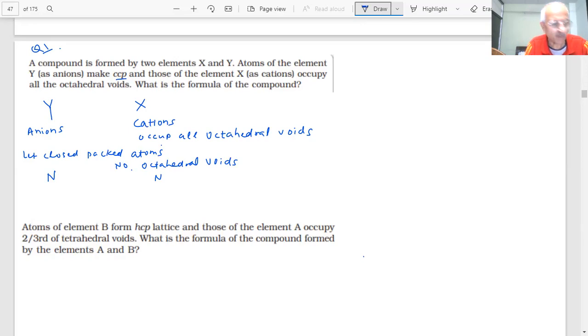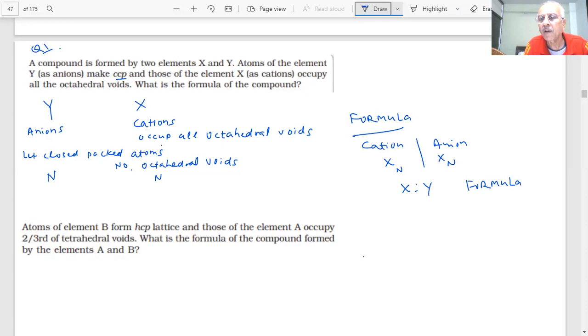So then what is the formula? You know, cation is written first, always, and then anion. X has N cations and Y has N anions. What is the ratio of X to Y? 1:1. Then the formula is XY.